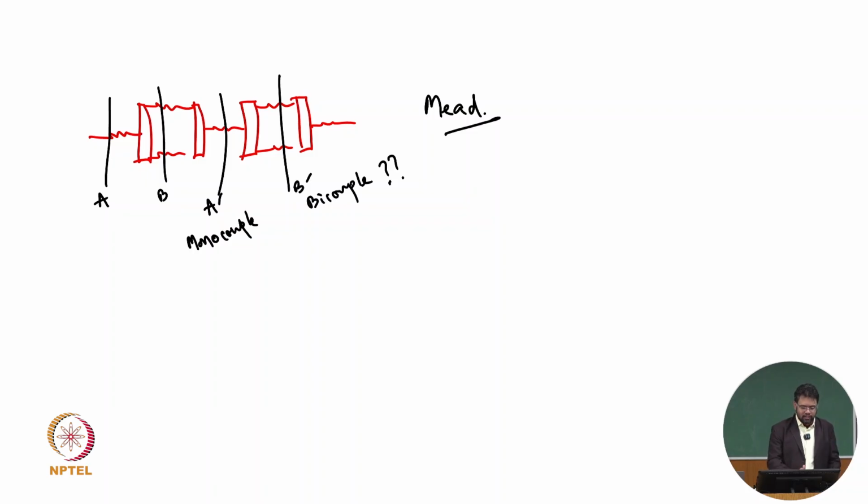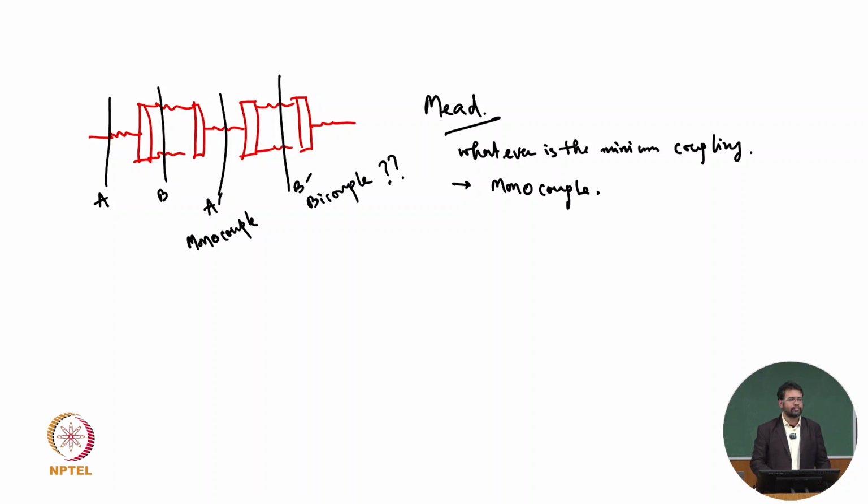So here this is a monocouple system. So as per Mead, whatever is the minimum coupling, here this thing is becoming monocouple. Okay.